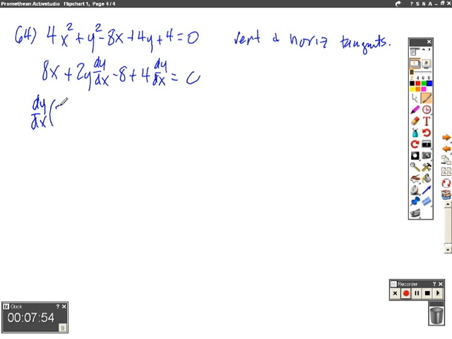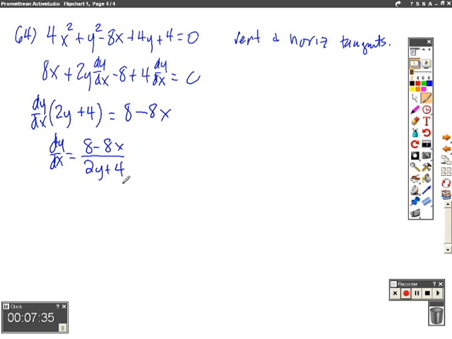So solving for dy/dx, I'll get 2y plus 4, and moving the other terms to the other side, negative 8x, or 8 minus 8x. Getting dy/dx by itself, by division, I get 8 minus 8x divided by 2y plus 4. So for the horizontal tangent, I'm going to set the numerator equal to 0.